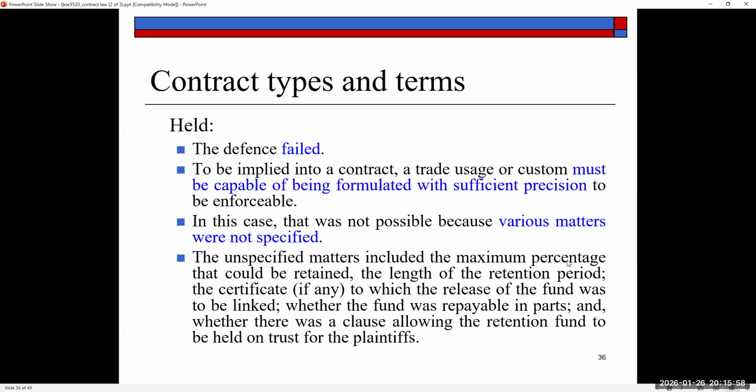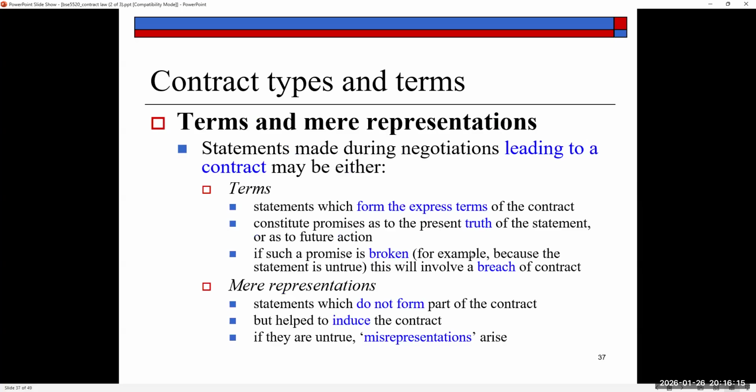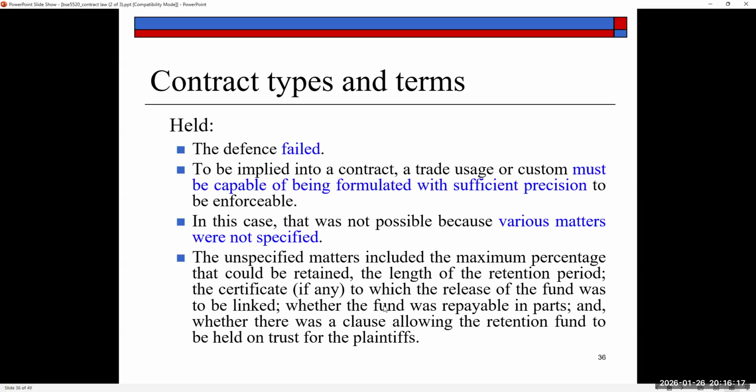Number one, the maximum percentage that could be retained was not specified. The length of the retention period was not specified. Various things were not specified, such as whether the fund was repayable in part and whether there was a clause allowing the retention fund to be held on trust. All these were not specified.